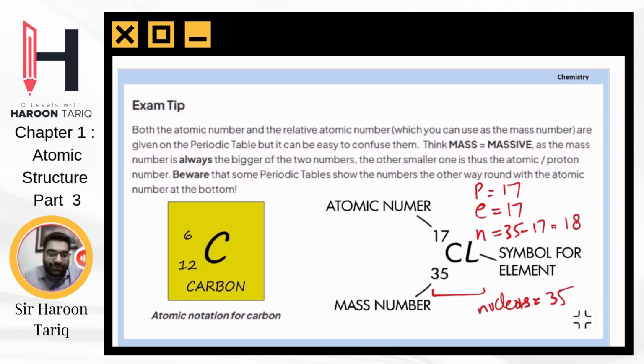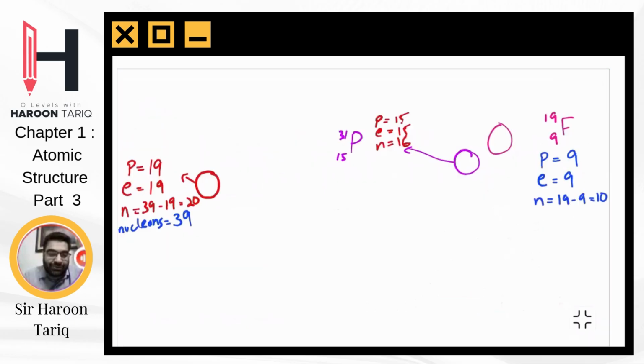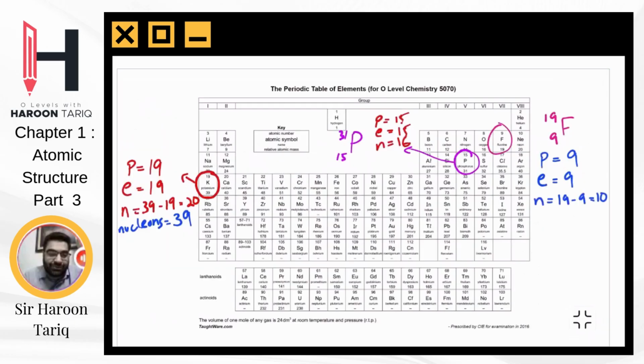Okay, Inza had a question. Sir, if nucleon number is protons plus neutrons, then how come in potassium it was 39? Shouldn't it have been 39 plus 19? Let me go back. Okay, now this is the periodic table.